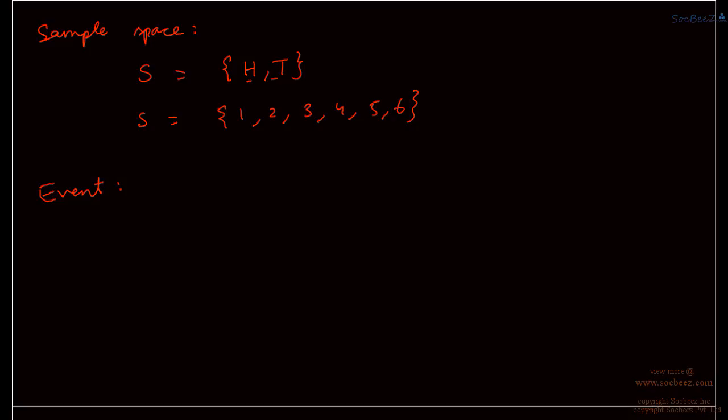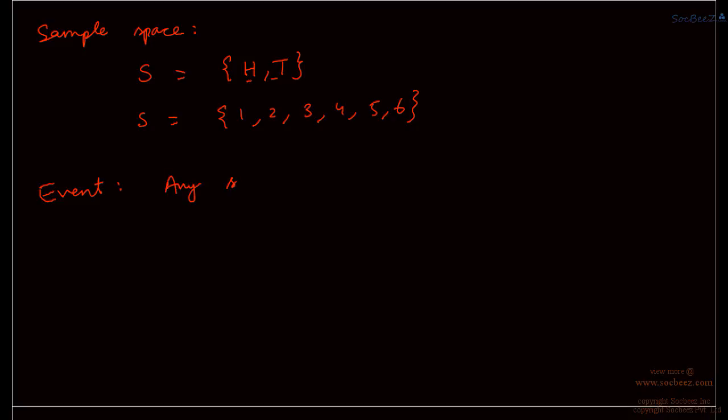So that is not that interesting. But say in the case of rolling a dice, my event is the number of times I get 1. I will not get 1 every single time, right? But I am sure I'll be getting 1 sometimes. Similarly, getting prime numbers. There are 3 prime numbers here, 2, 3 and 5. So that can again be an event, right?